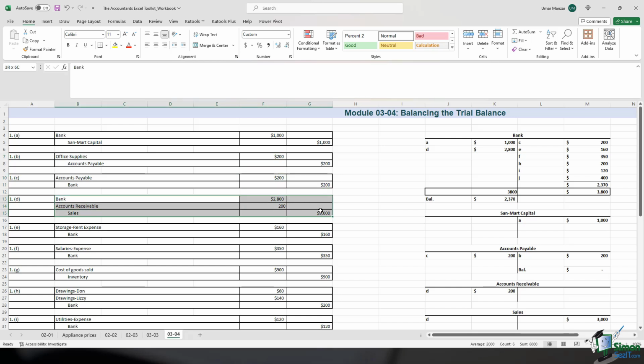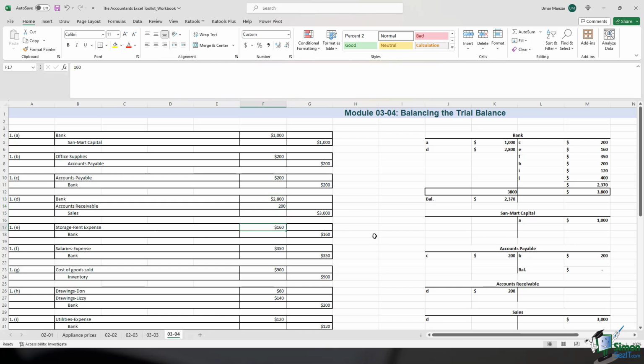Then in this transaction, we see that the bank revels in a substantial deposit of $2,800. Simultaneously, sales accounts for $3,000, while accounts receivable captures a share of $200. Again, the debits, $3,000, equal the credits, $3,000.